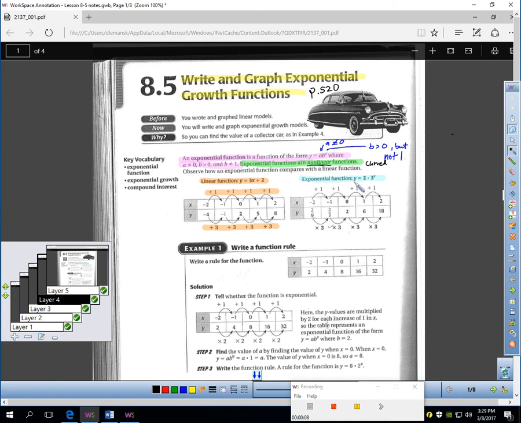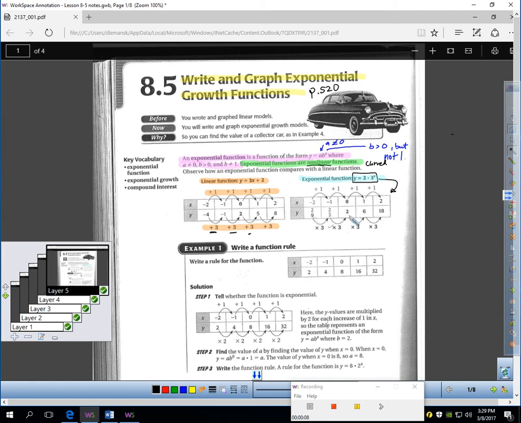An exponential function has a different pattern. If you go ahead and you put this in your graphing calculator, y equals 2 times 3 to the x power, you would get this table right here. Let's examine this table. Now look at how it's different. We're not increasing 3 each time like we did here. We're not adding 3.